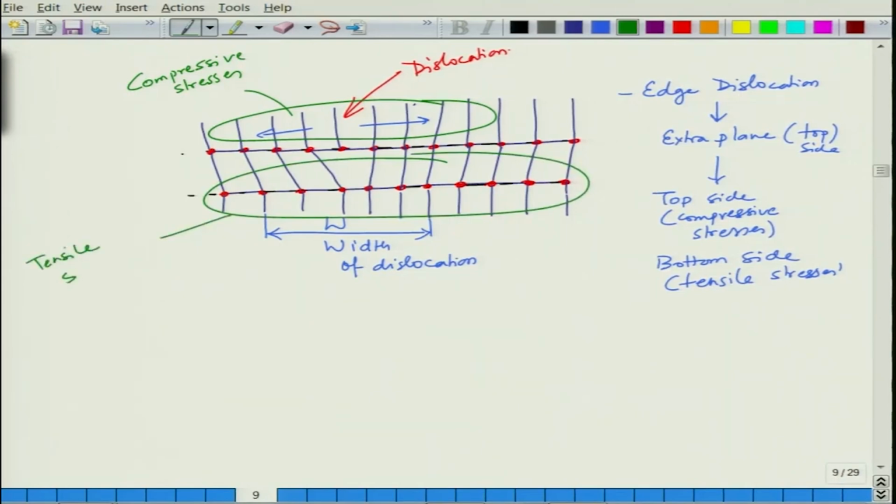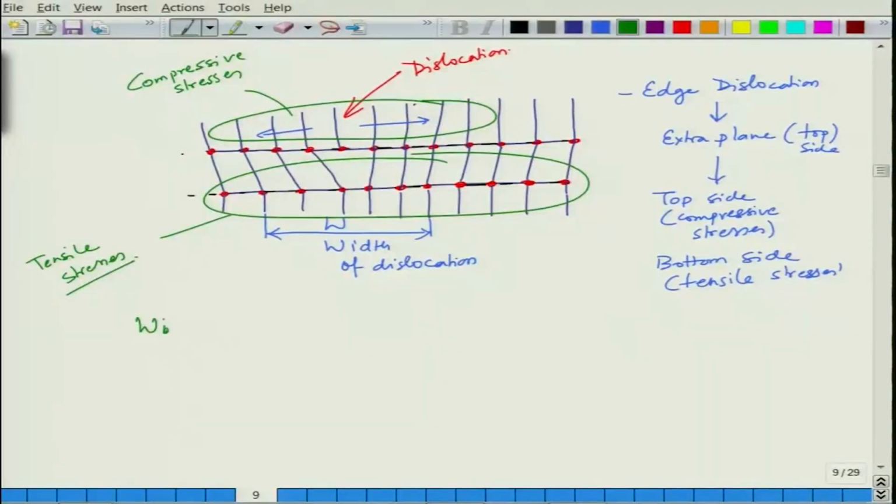So, how far the stress field extends is an indicator of width of dislocation, but W is also a function of the nature of bonding.